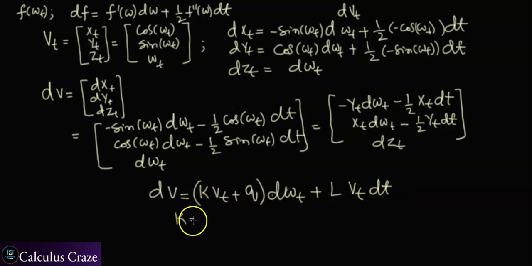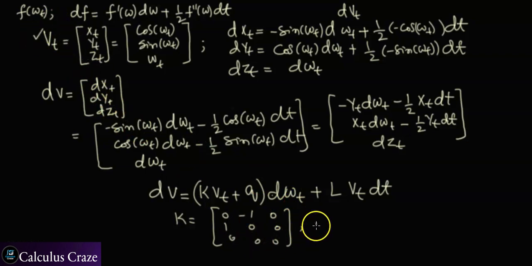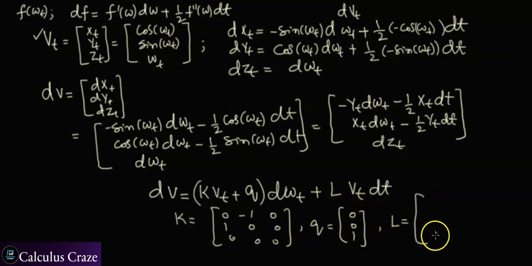So my K is a matrix given by 0, minus 1, 0 and 1, 0, 0 and 0, 0, 0, and my V is of course the same that is defined here, and my q is equal to 0, 0, 1, and my L is a matrix which is given by minus 1/2, 0, 0 and then 0, minus 1/2, 0 and then 0, 0, 0.